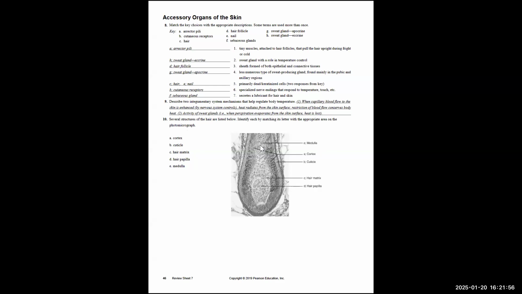Now we see medulla in other areas of the body, like medulla oblongata or medullary tissue. That's going to be middle. This is that middle area here. The cortex is going to be around that medulla area. Cuticle even further out. We see the hair matrix and the hair papilla right there.